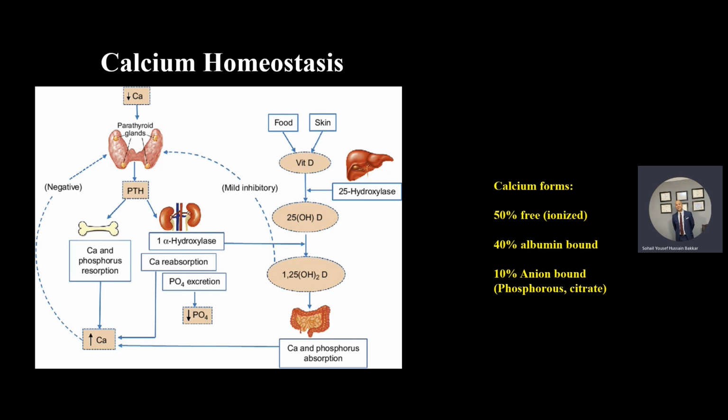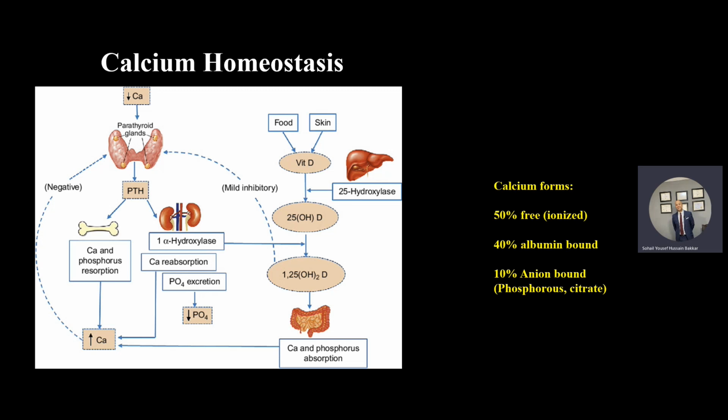So in sum, 50% of calcium is present in a bound form and therefore it is inactive, whereas only 50% of calcium is free or ionized, and this is the active form of calcium that regulates parathyroid hormone secretion.